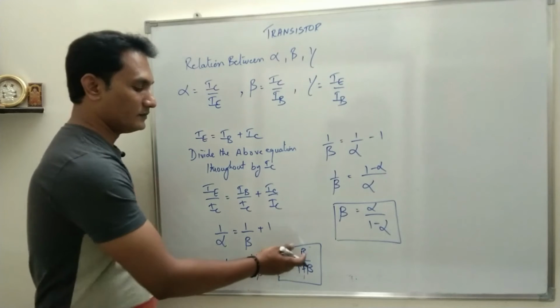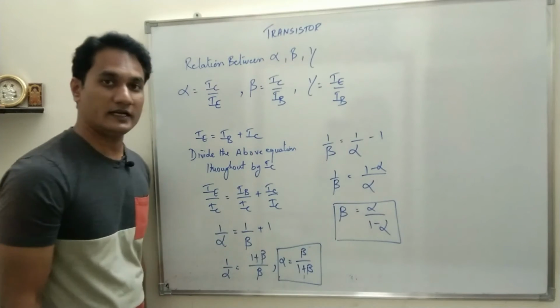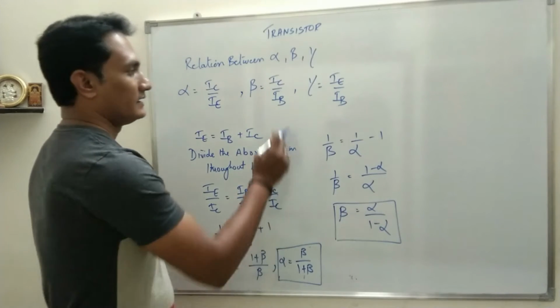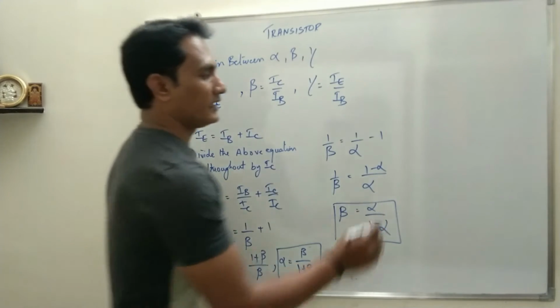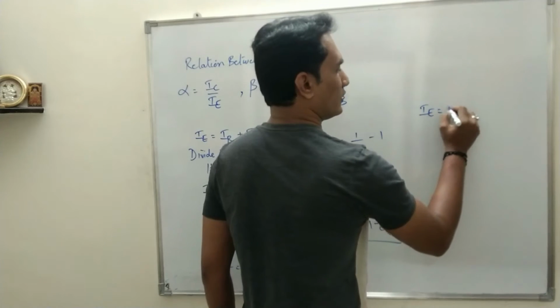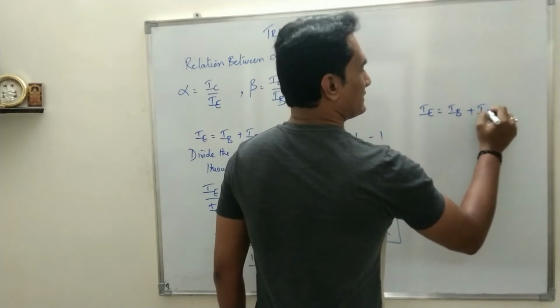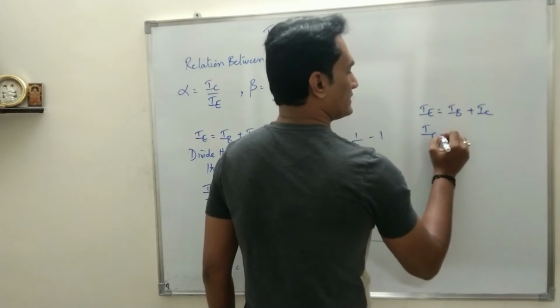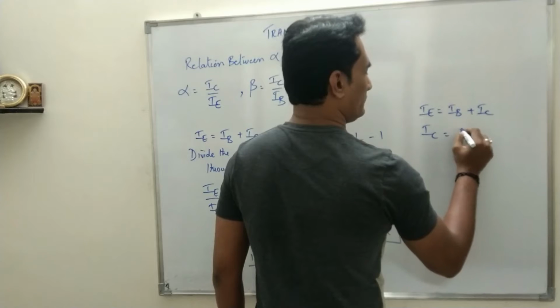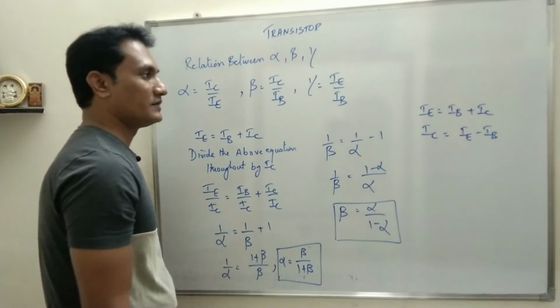Okay, so if beta is given, you can easily calculate alpha, and if alpha is given, you can easily calculate beta. Next is gamma. Again I will write the same equation. IE is equal to IB plus IC. Can I write the same equation as IC is equal to IE minus IB? It's one and the same thing.